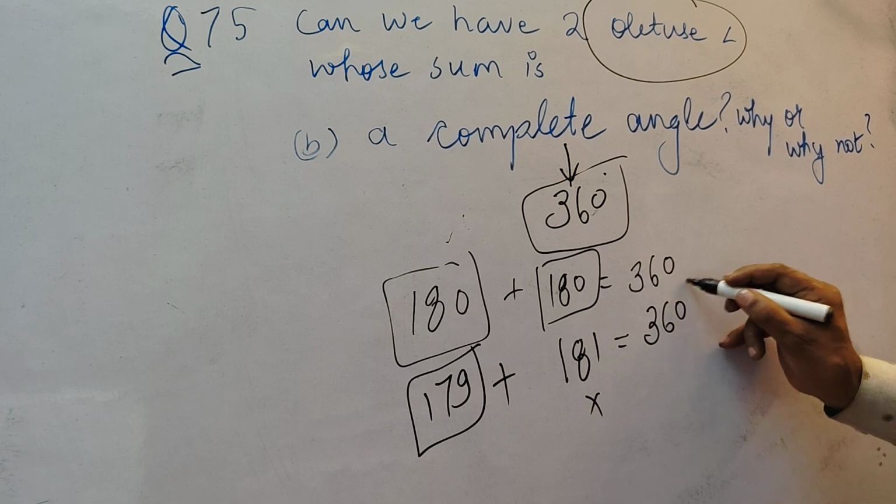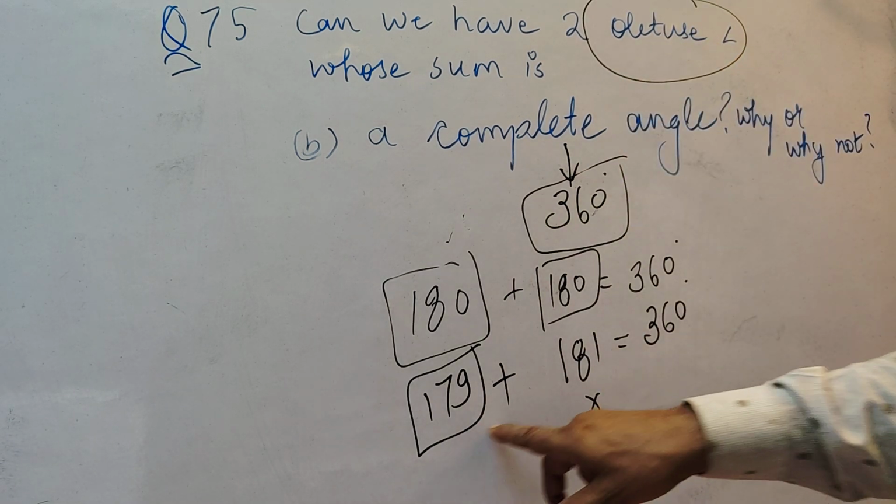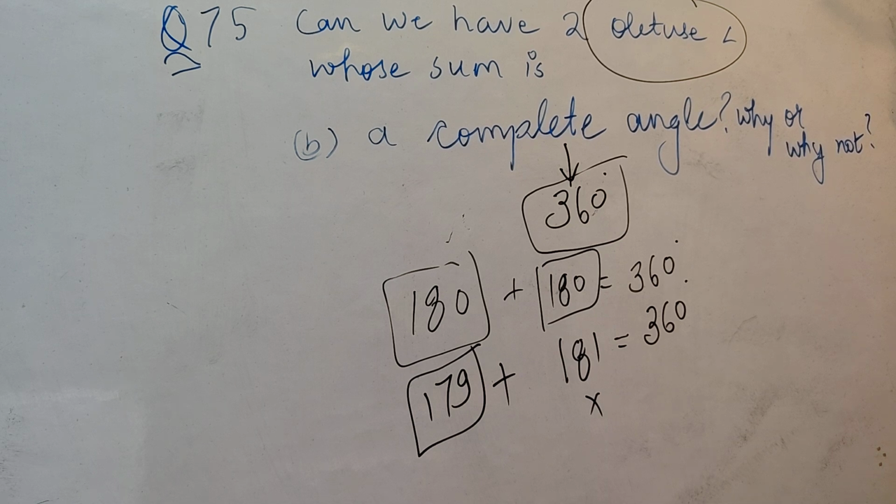So two obtuse angles cannot sum to 360; their sum is always less than 360. That's why it does not give us a complete angle. Correct.